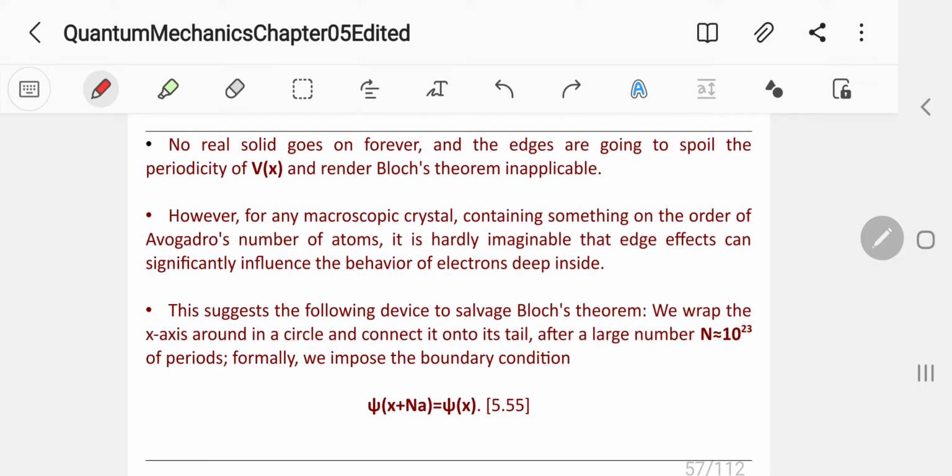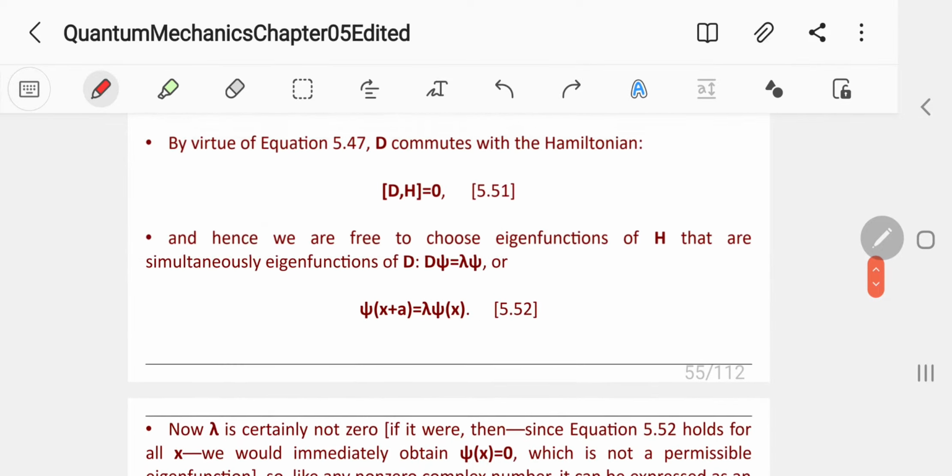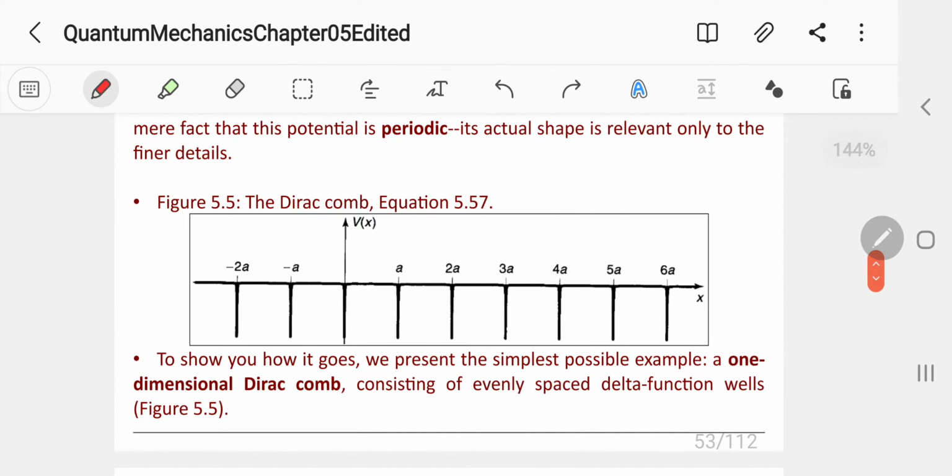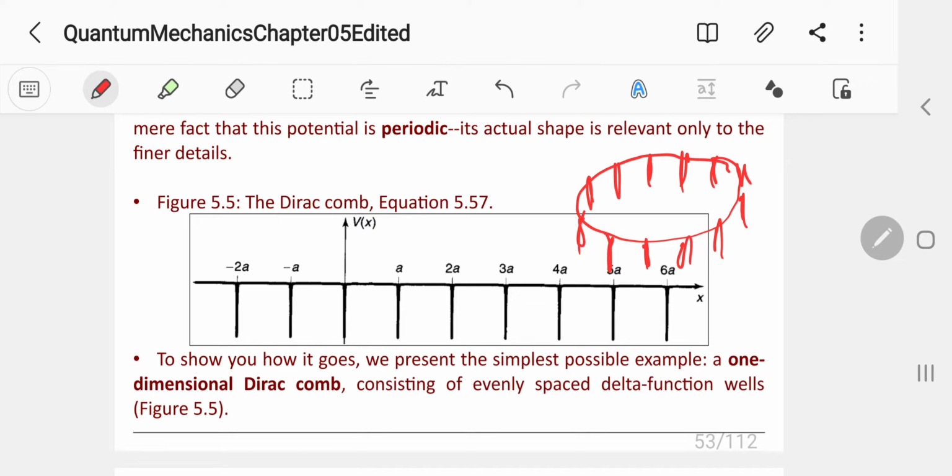So here we have the Dirac Cone. You connect the beginning and the end such that it will form like this. You draw it, it will form like this one here. So it will seem like it will go on forever.